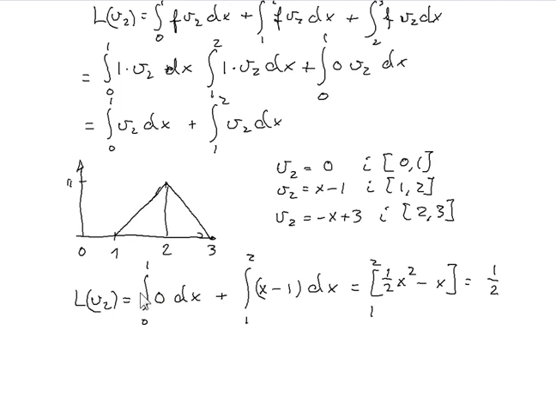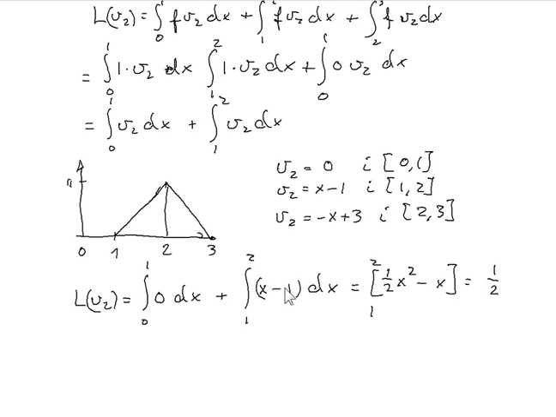And computing the integrals, we obtain that L of v2 is equal to the integral of v2, which is 0 in the first interval, plus the integral from 1 to 2 of x minus 1.